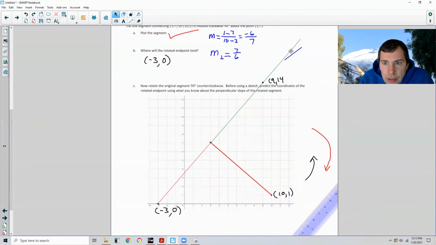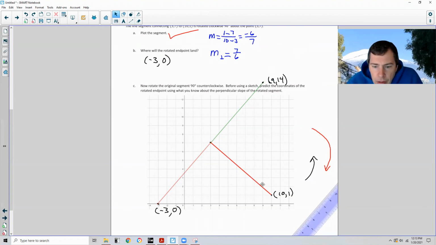So then I move this, shorten that segment down to here. Okay. And so this red dashed line should be the same length as this green dashed line, and it's the same length as this red solid line. And my rotation would be 9, 14.